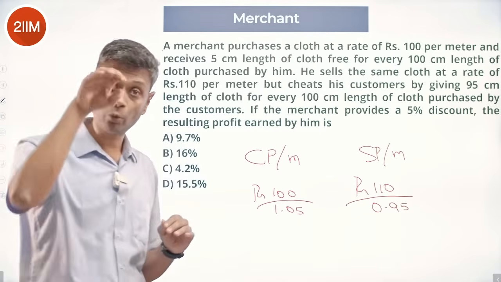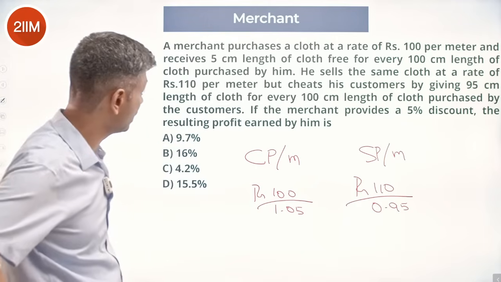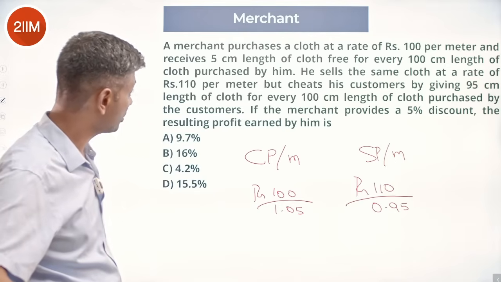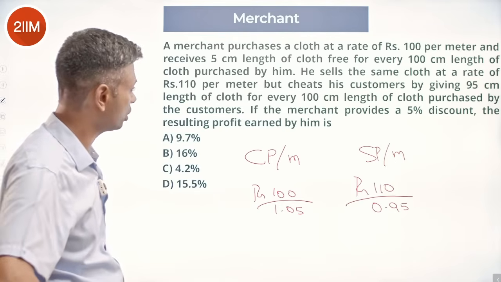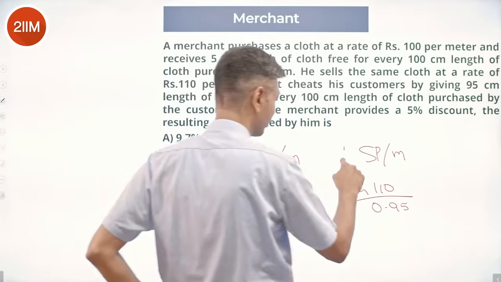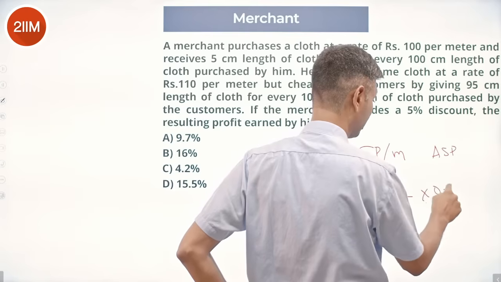He sells at 10 rupees more, rate-wise, and he cheats, gives them only 0.95. If the merchant provides a 5% discount, the resulting profit, he gives a 5% discount. This is the listed selling price. Actual selling price is this into 0.95, which is really nice because this goes away.